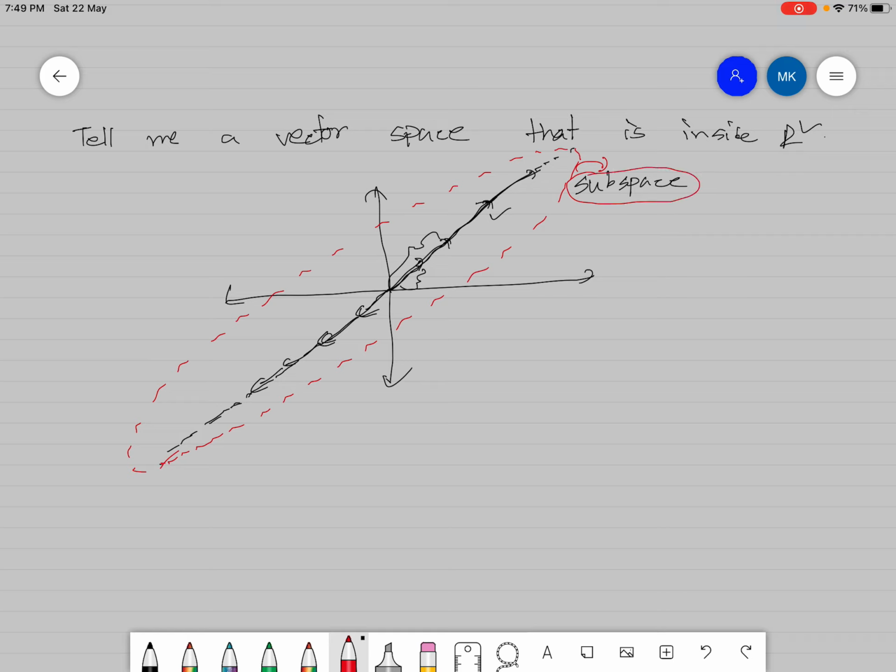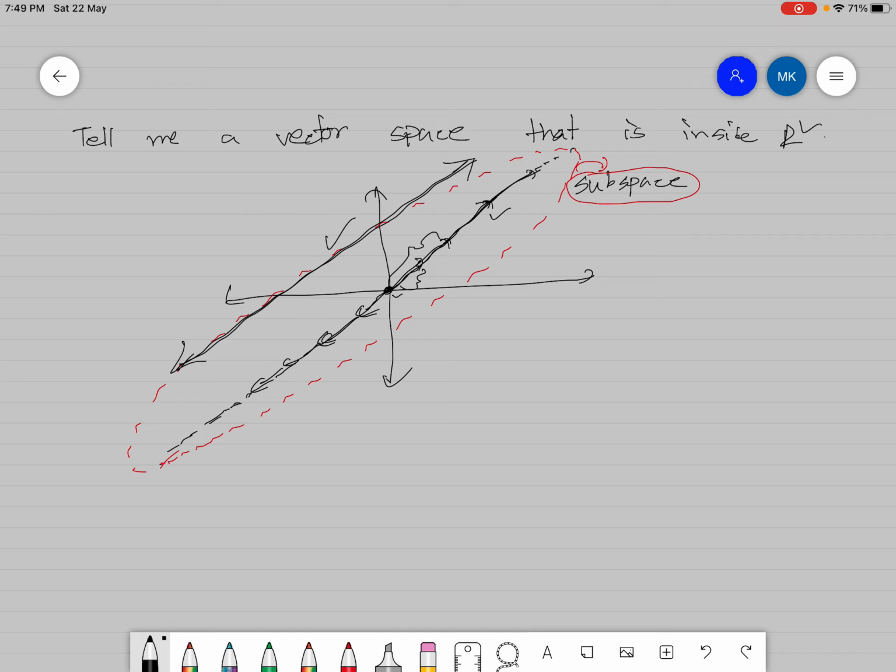Now, can any line be called a vector subspace? Suppose we're taking this line. Is this a vector subspace? The answer is no, because it is violating the second rule, which is it does not contain the origin. So the origin is not inside that vector space.